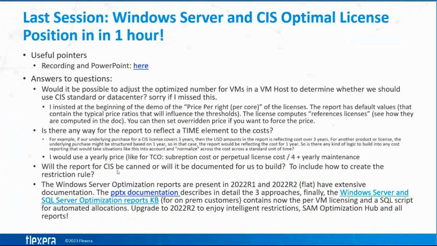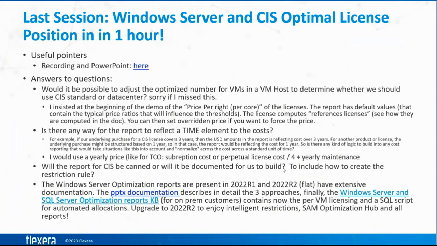And here, I have a small formula which you could apply. Just like we do for total cost of ownership, a yearly cost is probably what makes the most sense. It would be the perpetual license cost divided by 4, so amortizing the cost of the licenses over 4 years, plus the yearly maintenance cost.